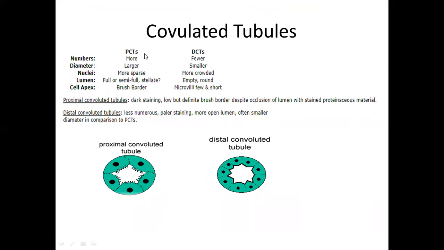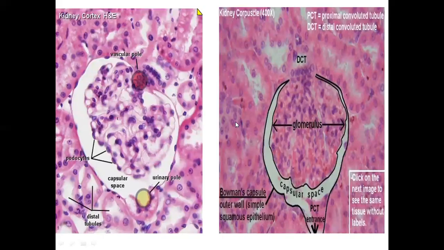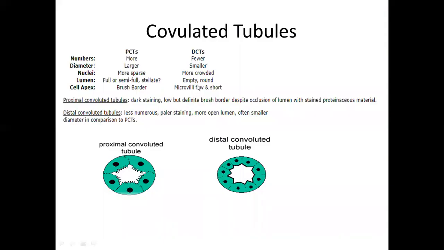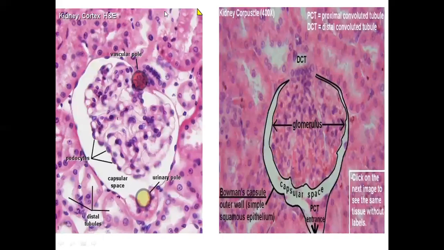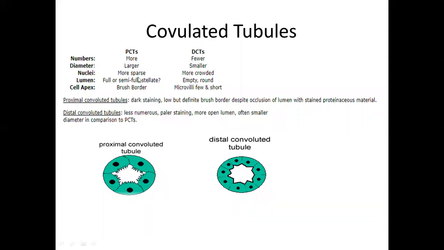If we look at the cortical part, more cross sections will belong to proximal convoluted tubule compared to distal convoluted tubule. Proximal convoluted tubule usually has a larger diameter compared to distal convoluted tubules. As it has a larger size, the nuclei are sparse.